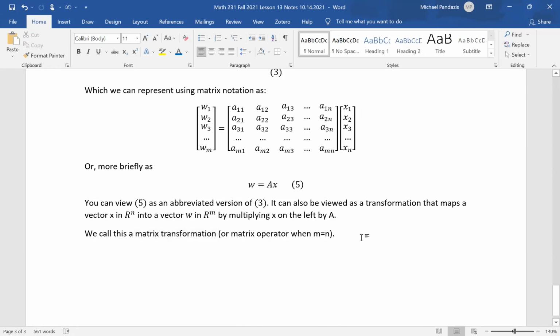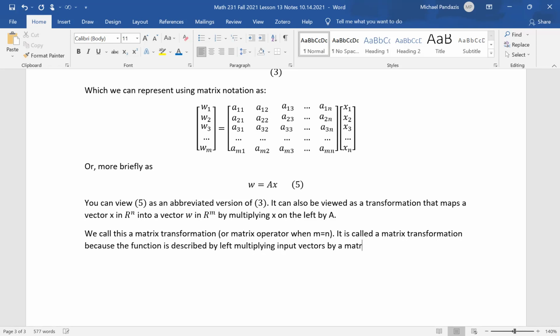It is called a matrix transformation because the function is described by left multiplying input vectors by a matrix. Saying operator instead of transformation is just for when m equals n, so then that would be mapping vectors in Rn to Rn.